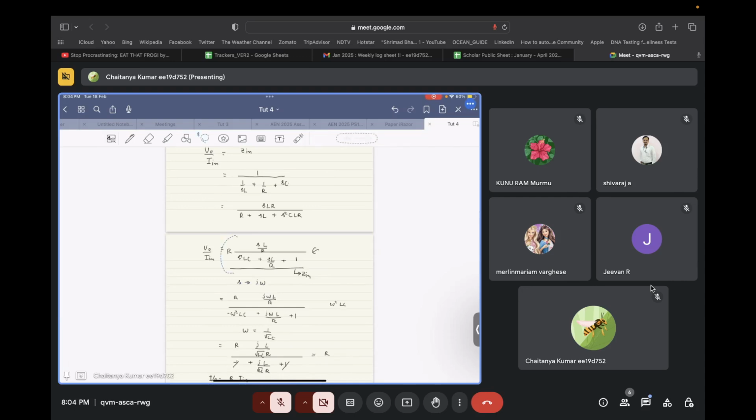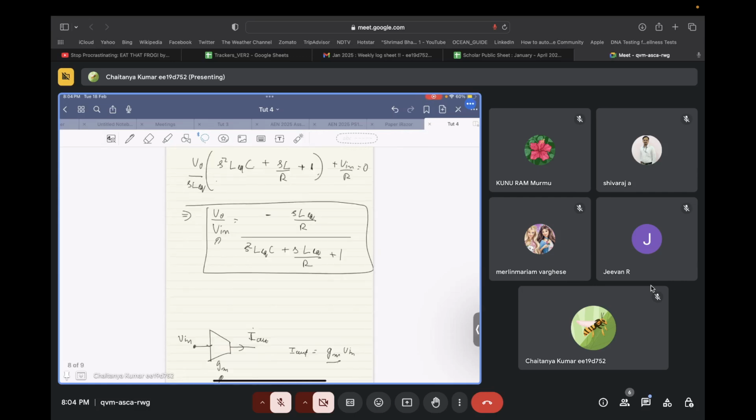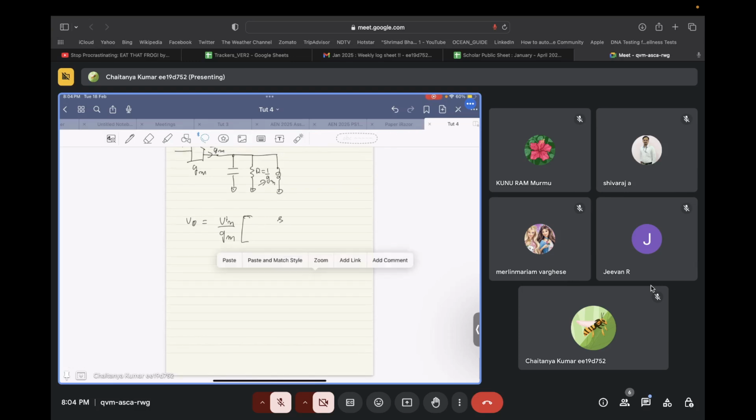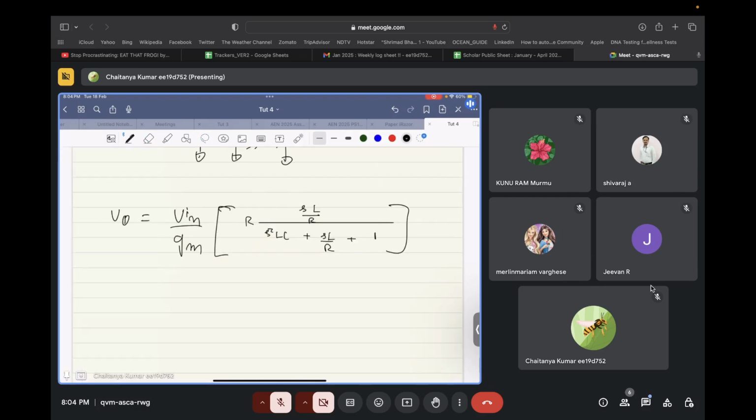Let's copy this. Now this resistance, as I said, is basically equal to 1 by GM.